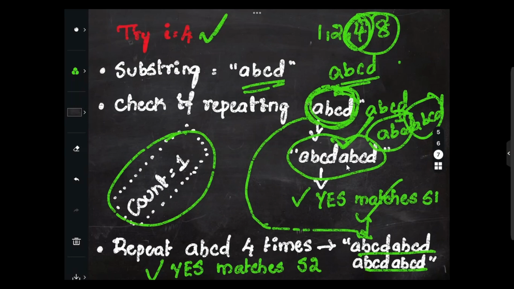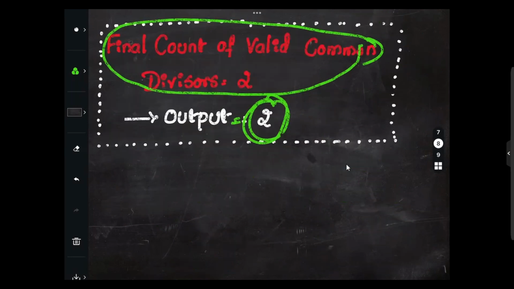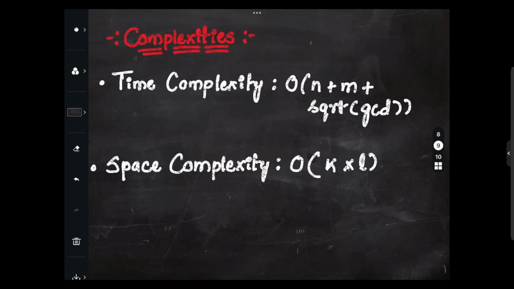Now let's discuss the complexities of the code that we will write in the future, right? So the time complexity would be big O of n plus m plus square root of GCD in this case. So why is it big O of n plus m plus square root of GCD?